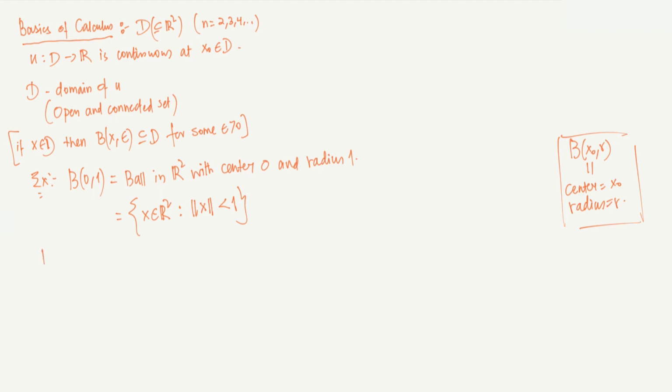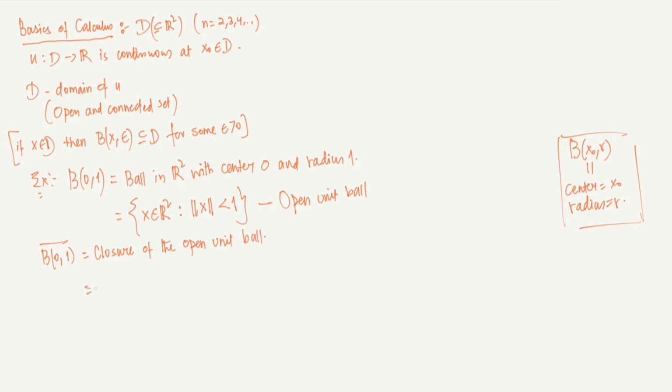Now we will also write some notation B(0,1) bar. This is called the closure of the open unit ball, and this is called the open unit ball.